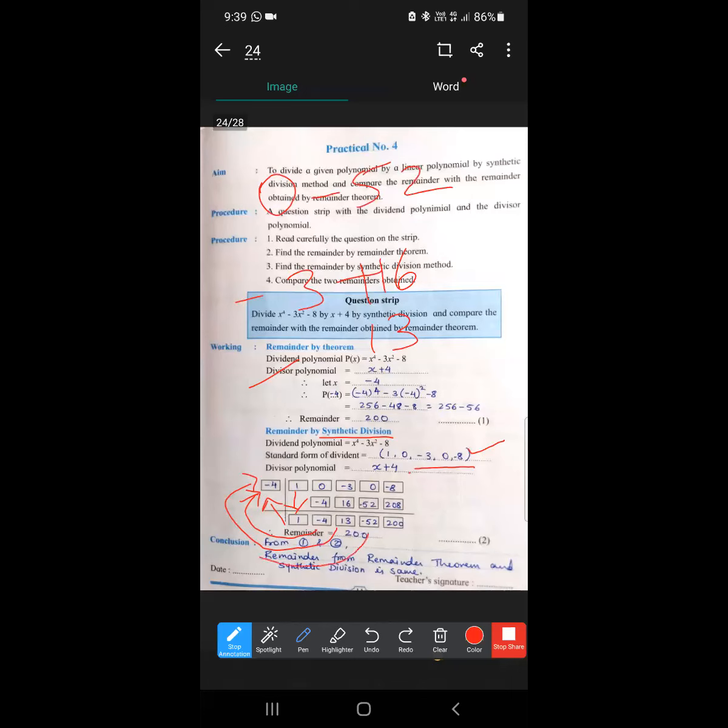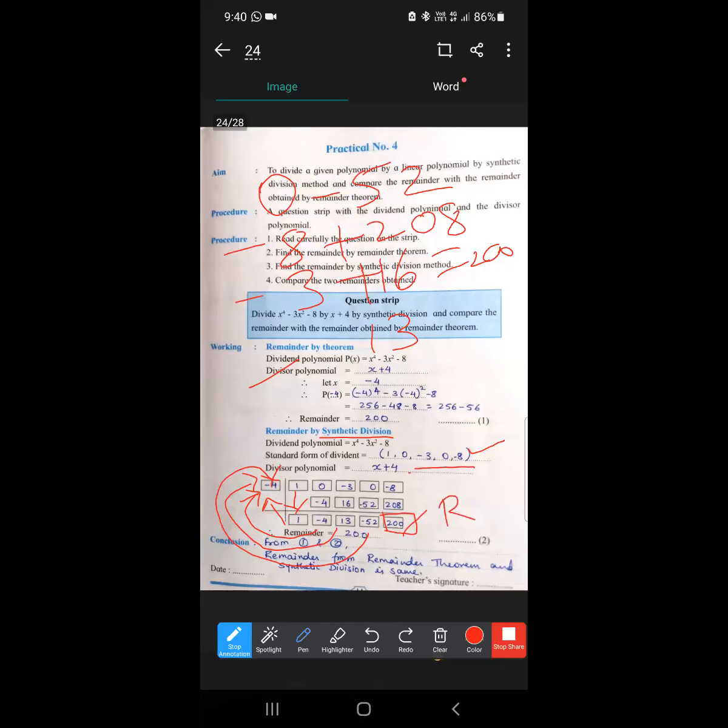Minus 52 multiplied by minus 4 is 208. So minus 8 plus 208 will give you 200. So that is the remainder. Whatever answer comes in your last box, or the last number, that is always your remainder.